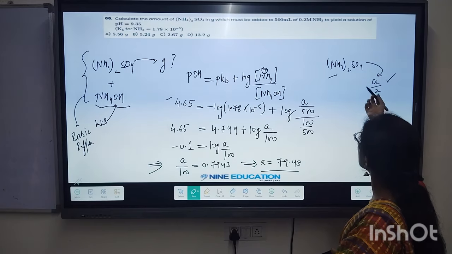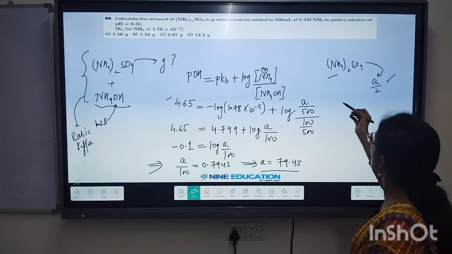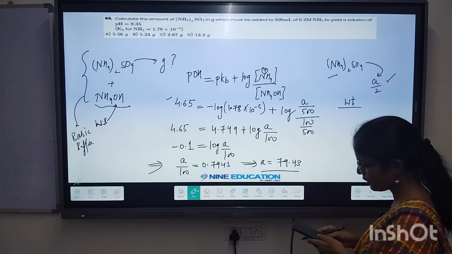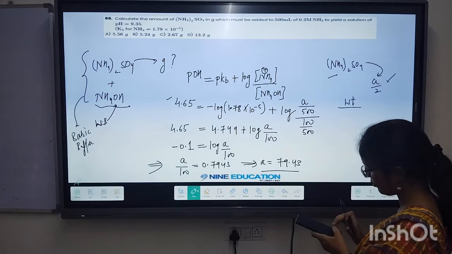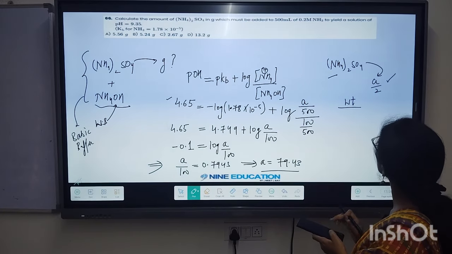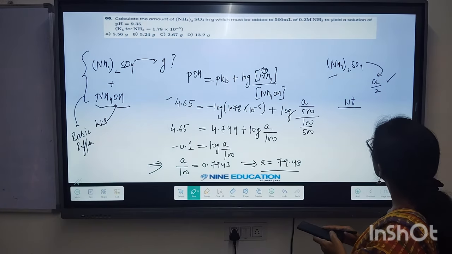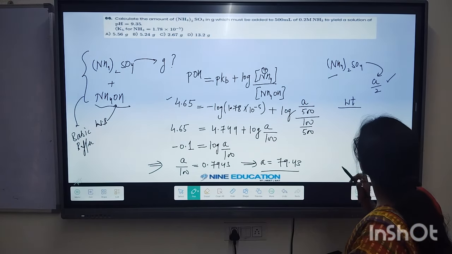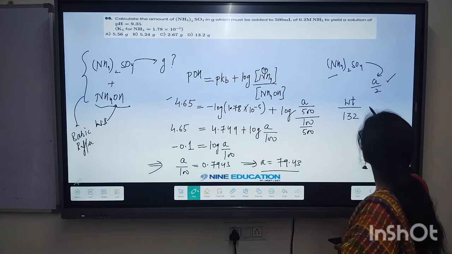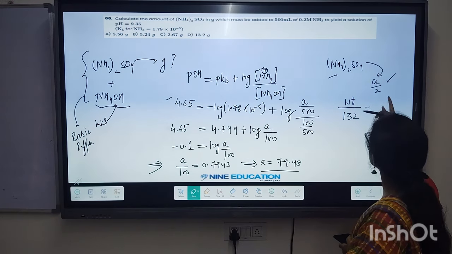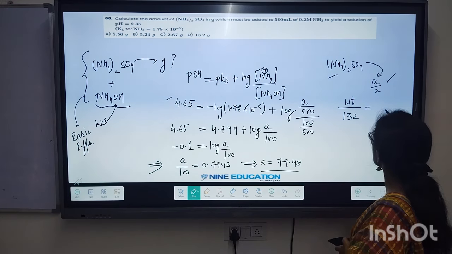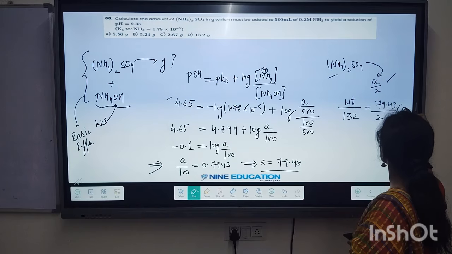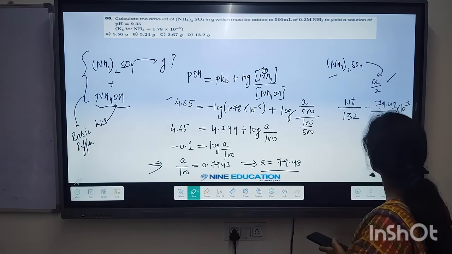So now we know millimoles, we can find weight. The formula is weight upon molecular weight of (NH4)2SO4. It will be 32 plus 64 plus 28 plus 8, which comes to 132. Here we are having millimoles, A by 2, which means 79.43 divided by 2, and as it is millimoles, we'll be having 10 raised to the power minus 3.